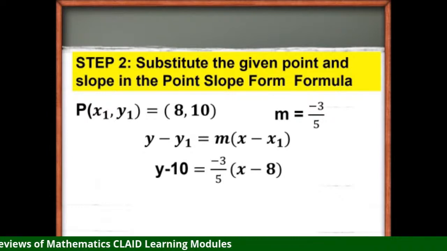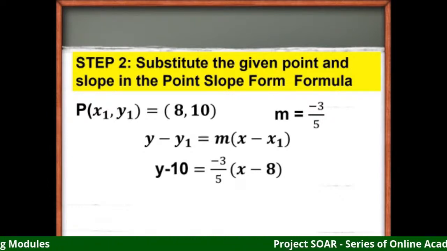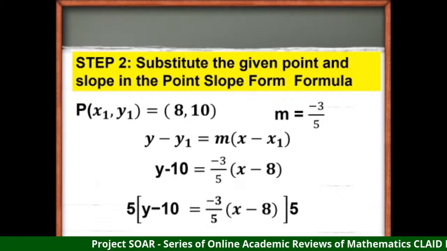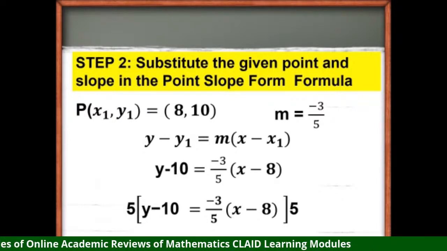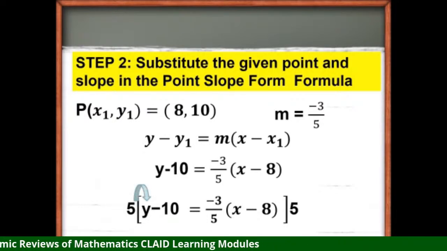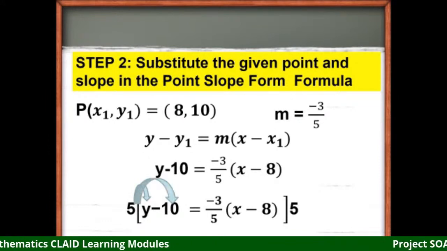Since there is a fraction in the resulting equation, we will multiply both sides of the equation by 5, by distributing 5 inside the given equation.